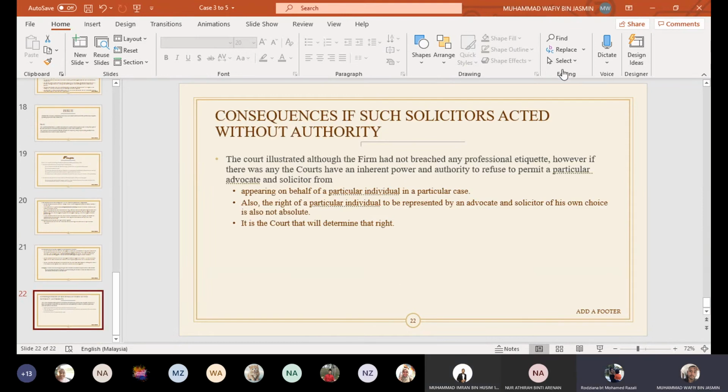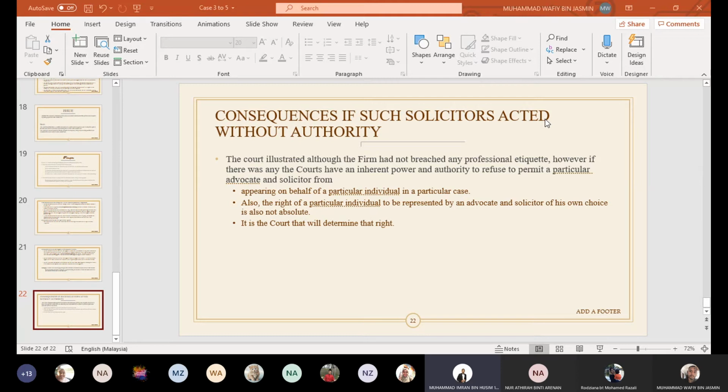Yes, madam. My name is Muhammad Imran, from TLB2. The consequences if the solicitor acted without authority. In the case that I will briefly present later, the court said that the court has an inherent power and authority to refuse or to permit a particular advocate and solicitor from appearing on behalf of an individual.